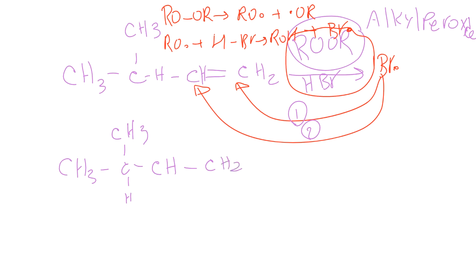So Br attaches to this carbon and this would take the free radical. If the free radical is here, then on the next step, hydrogen is going to come in and form a bond with the CH3, get the CH2, and you get CH2Br.